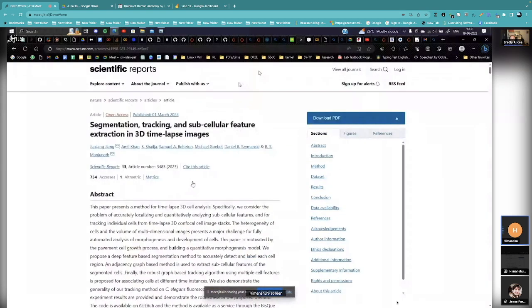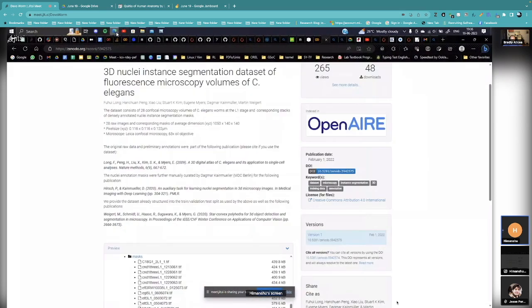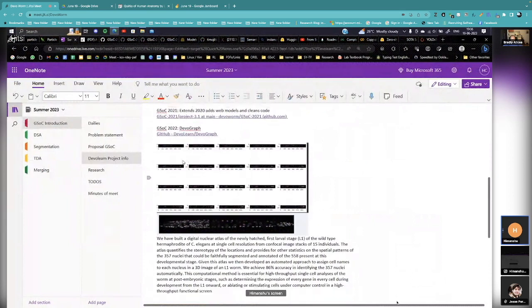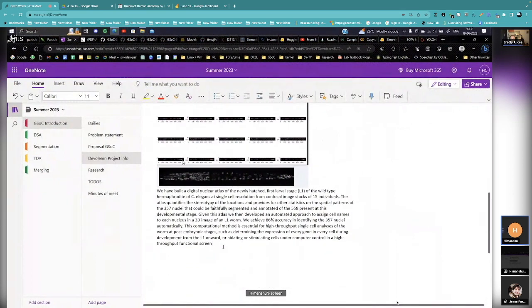I also researched more about the data set. Basically, the data is about the first larval stage, L1, of C. elegans, and they used a confocal image stack of 15 different individuals.